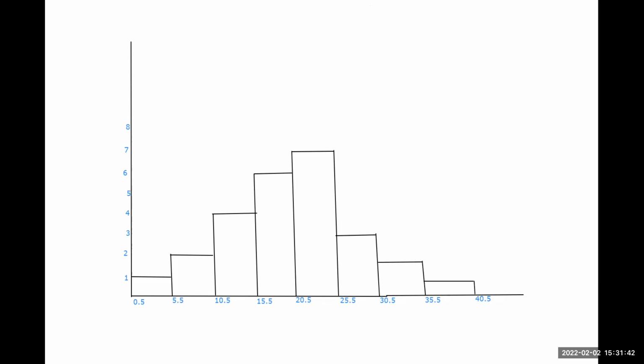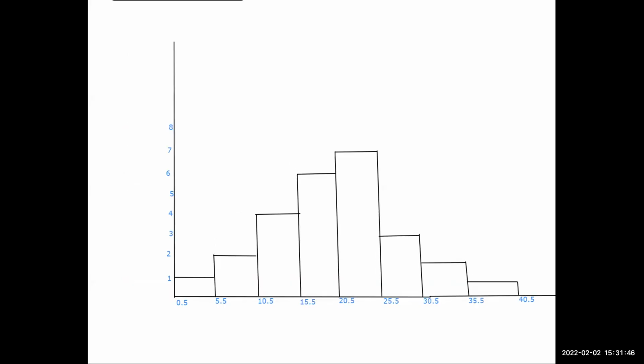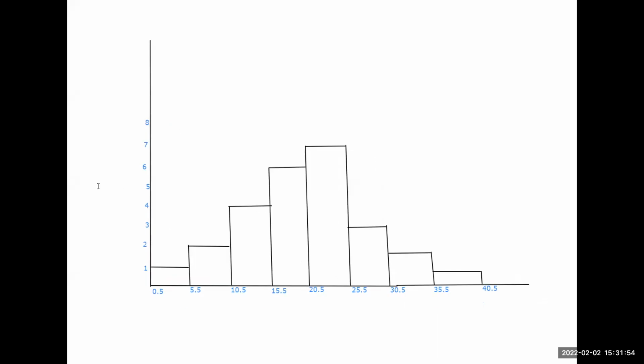All right, very good, Jamie, very good. But the only thing now is I always say put on your axes. You need to know what's on the y-axis and what is on the x-axis. And then you write your scale. Very good.